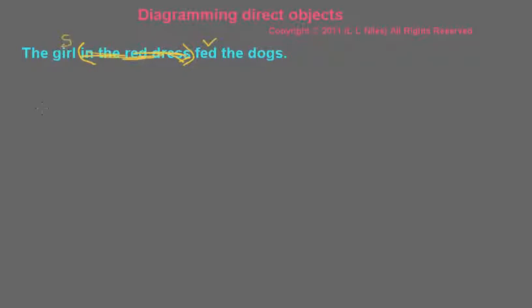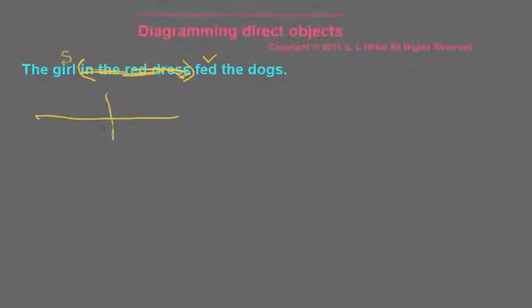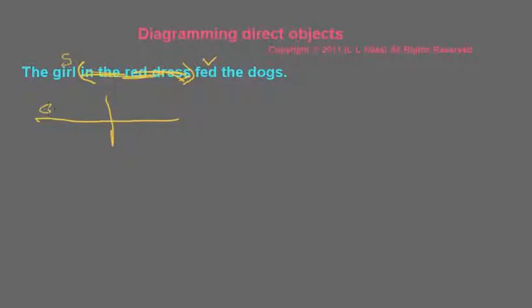All right, now I'm going to go ahead and diagram this much. Since we know what we have here, we have one subject and one verb. And we just have girl, fed. All right?